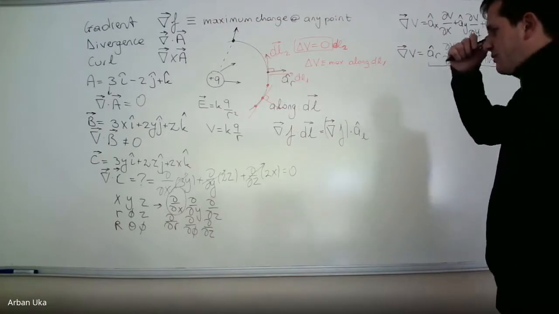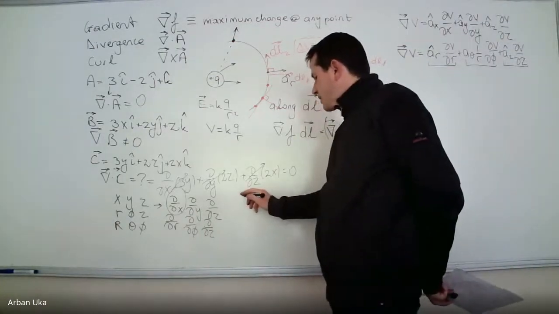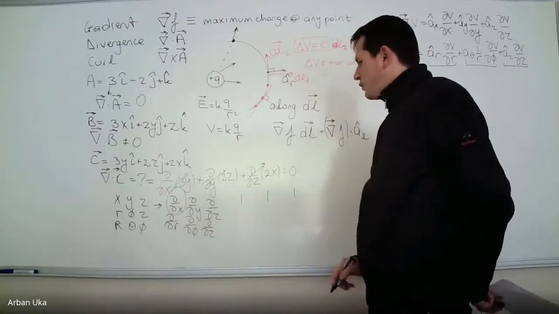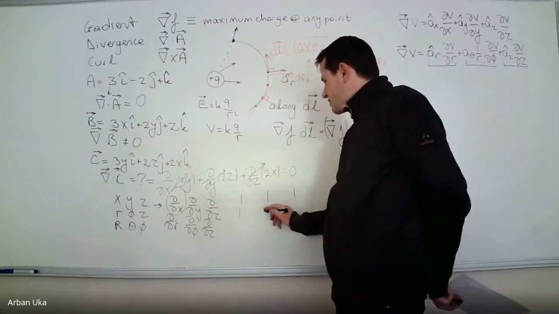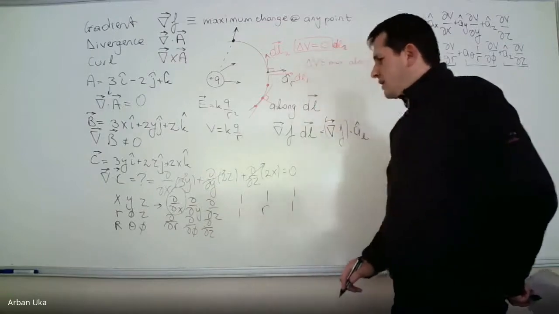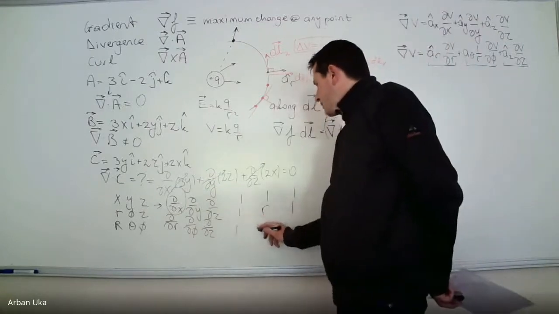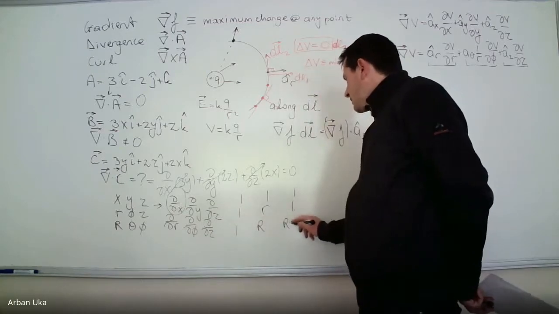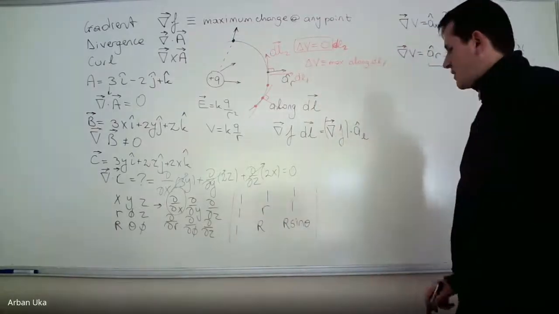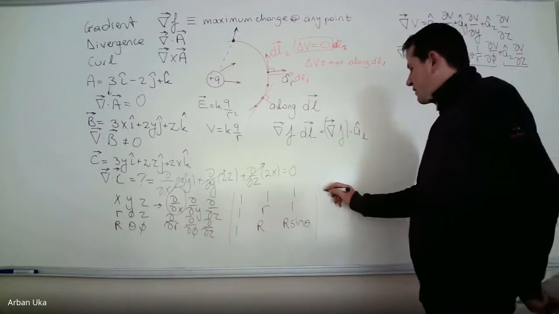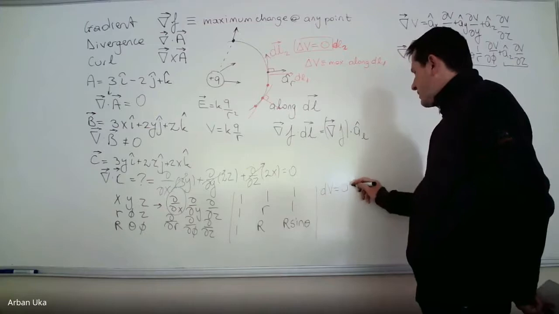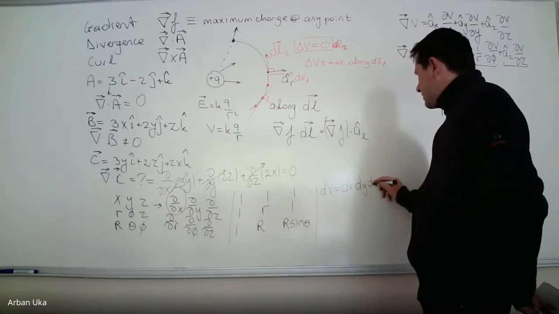And if you remember, last time we mentioned that for x, y, z, we have metric parameters 1, 1, 1. For cylindrical coordinate system, we have 1, r, 1. And for the spherical coordinate system, we have 1, r, and r sine theta. Okay, so these were the metrics. And as a reminder, the d volume in this coordinate system was simply said like dx, dy, dz.